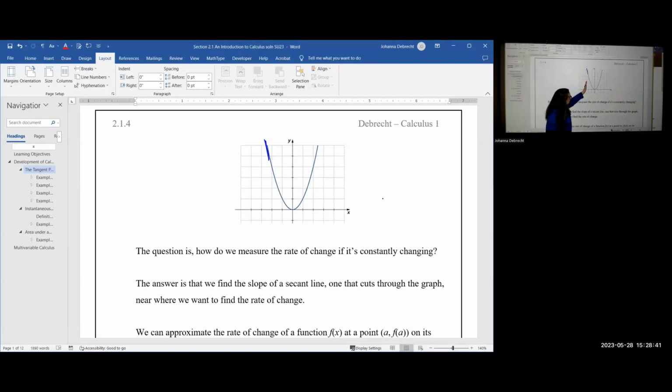And then as x gets closer to 0, so I'm moving the x this way, the y is decreasing because I have a decreasing function on this side. This one is still steep, but not quite as steep. And then this one is less steep, and this is a lot less steep, and when it gets really close, it's even less steep.